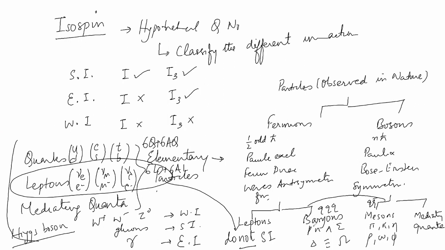Baryons and mesons together are called what? Hadrons. They are called hadrons. Why are they called hadrons?